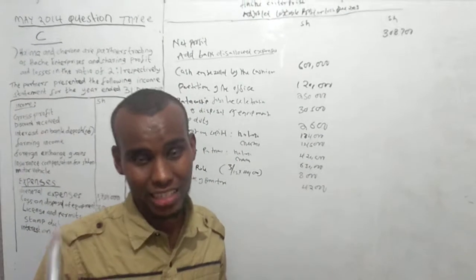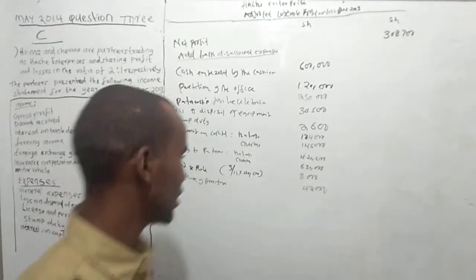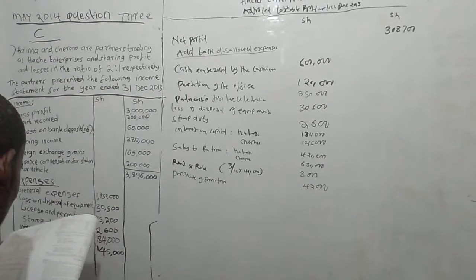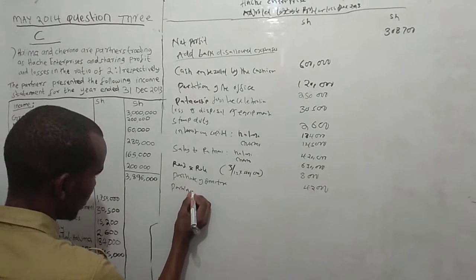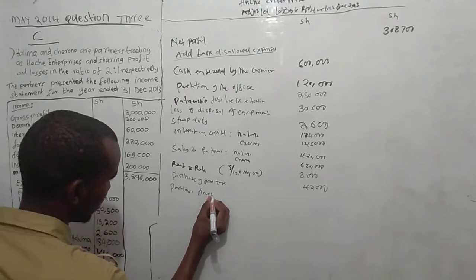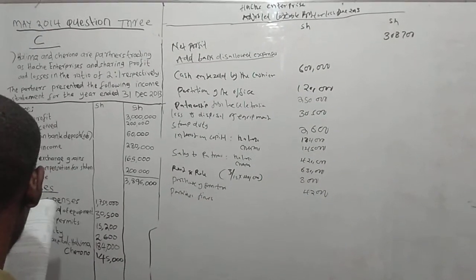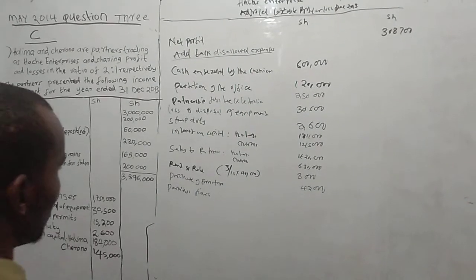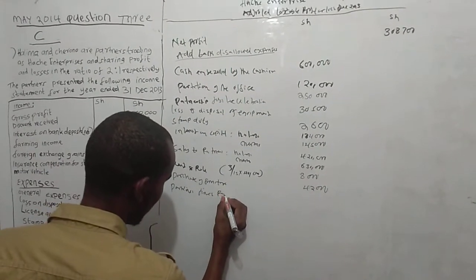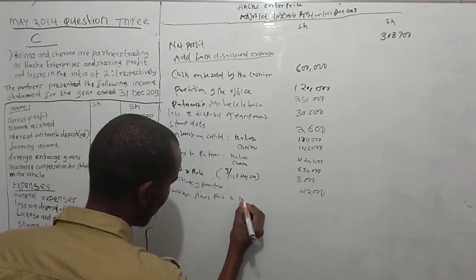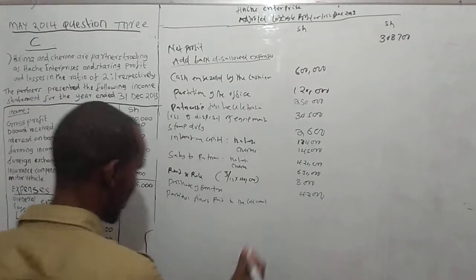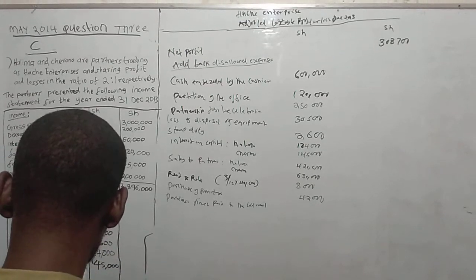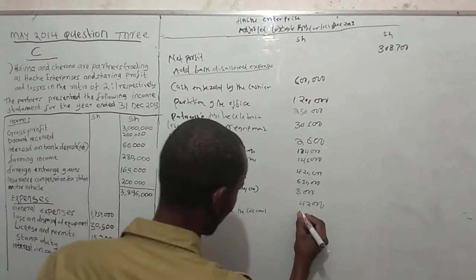All fines are taxable, so we are going to tax that. Parking fines paid to the local council, the amount is 15,200.